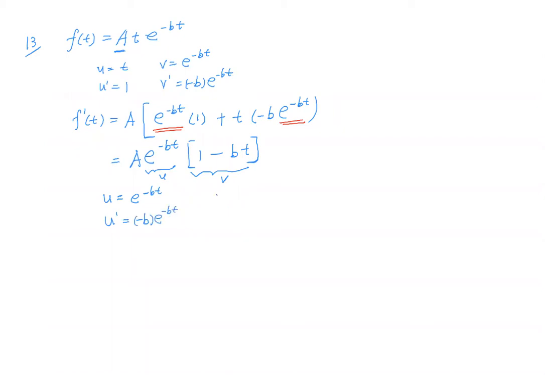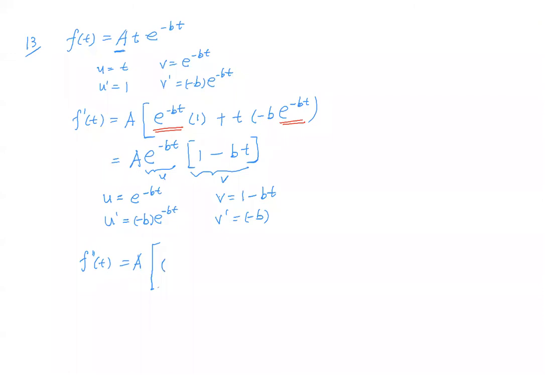Okay, V is 1 minus BT, so V prime is negative B. Okay, then sub into the formula, F double prime T. The A is still there.